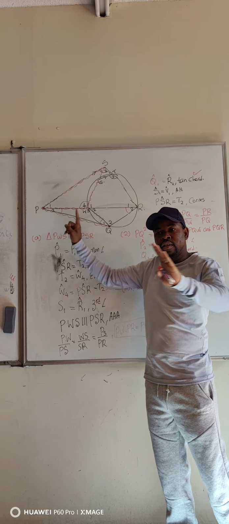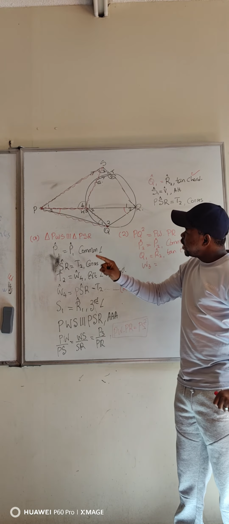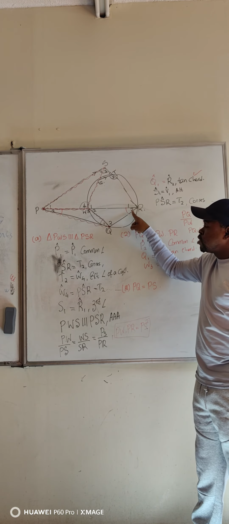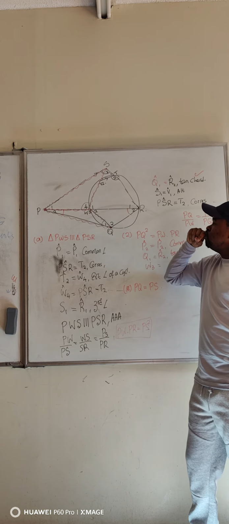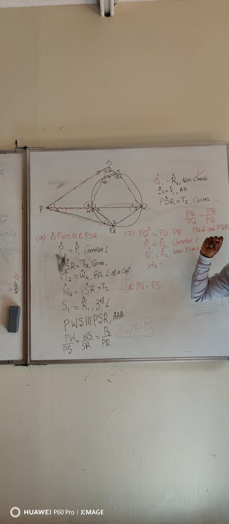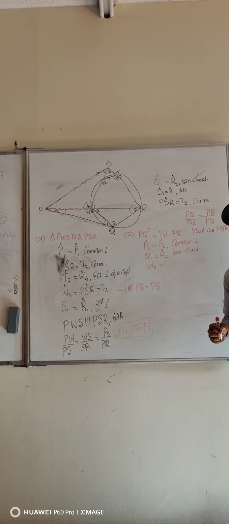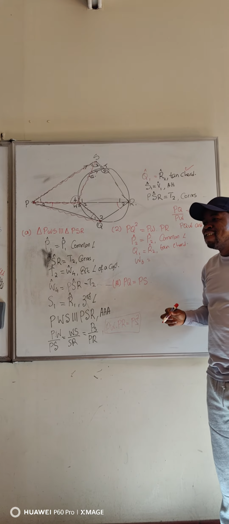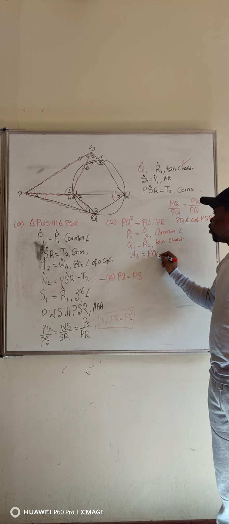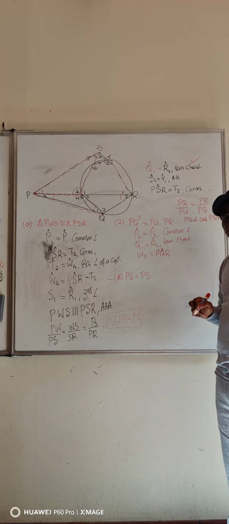We are happy with that one. Then the second one, we say that R1, Q1 is equal to R2. And then W3, it's equal to which angle? Q2. It's equal to PQR.